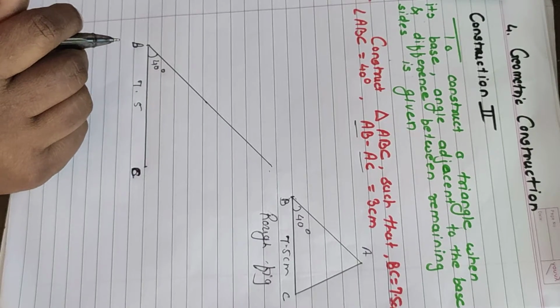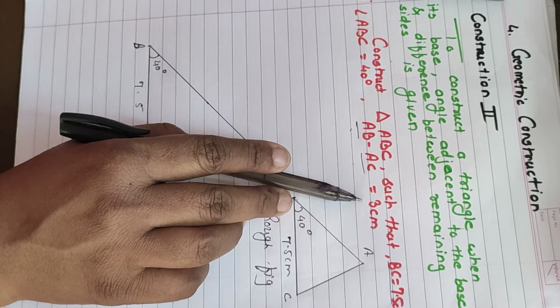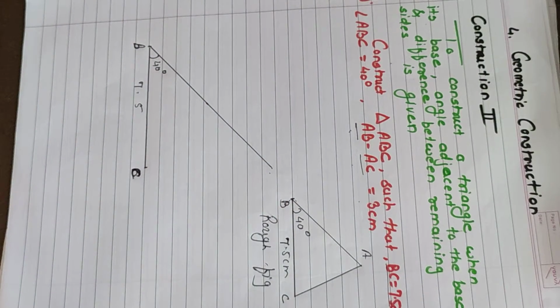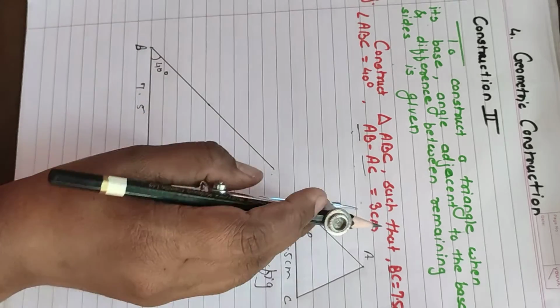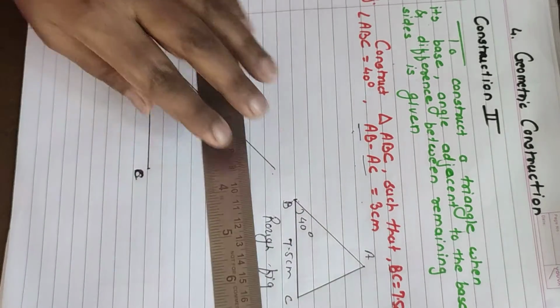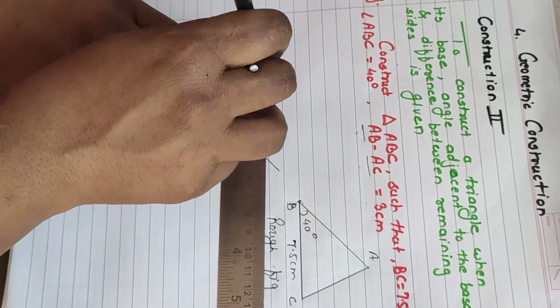Next step, the difference given, AB minus AC is equal to 3 centimeter. So we have to take that difference as a distance in our compass. Here I will take 3 centimeters distance in my compass.